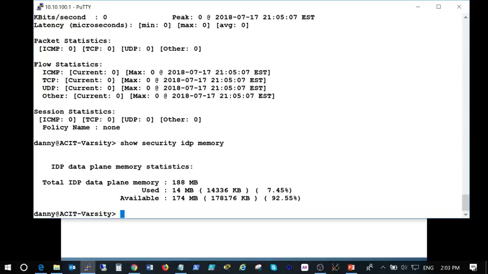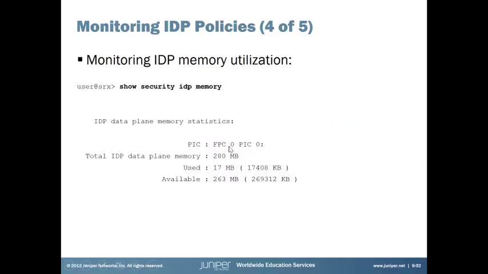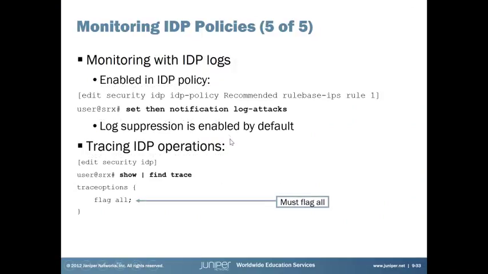Total IDP data plane memory, 188 meg, easy 14. That's interesting. Well, I think there's some serious issues with IDP on this particular device, which you need probably to sort out, probably to get rid of everything that's already there and start again, I think, with this particular device. Okay.